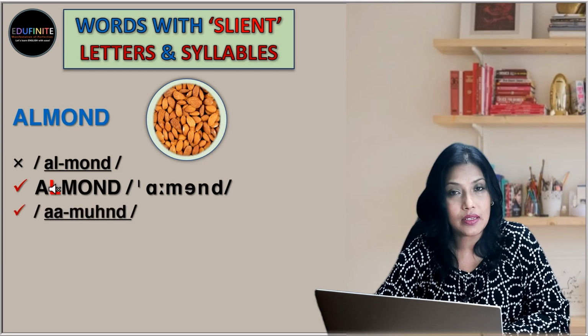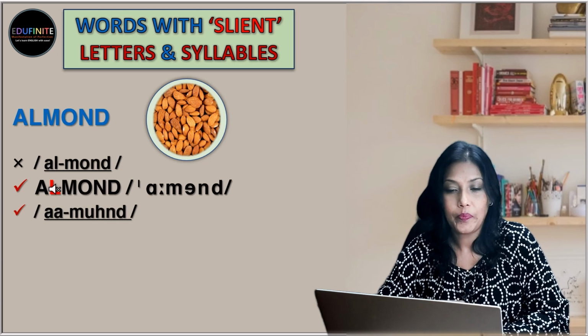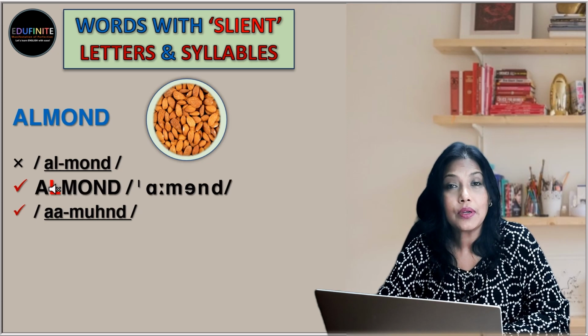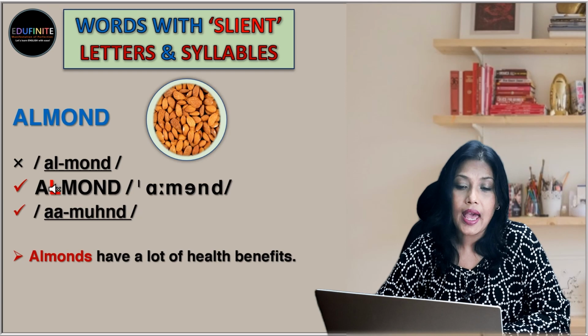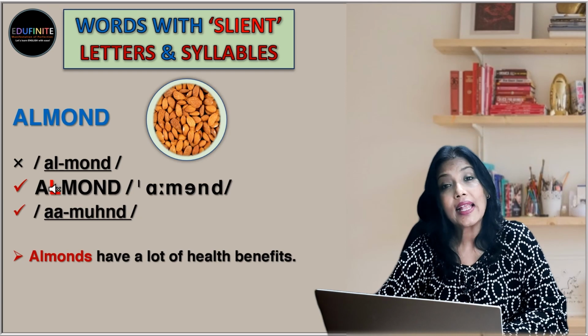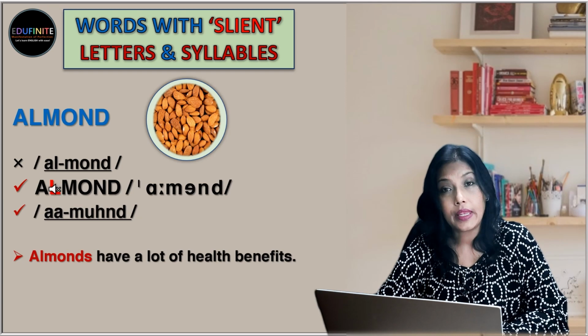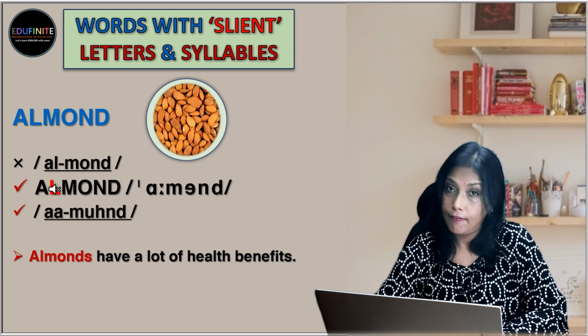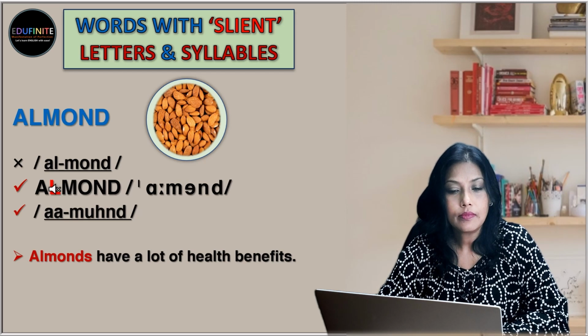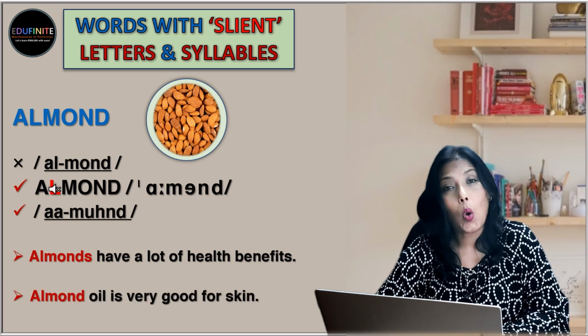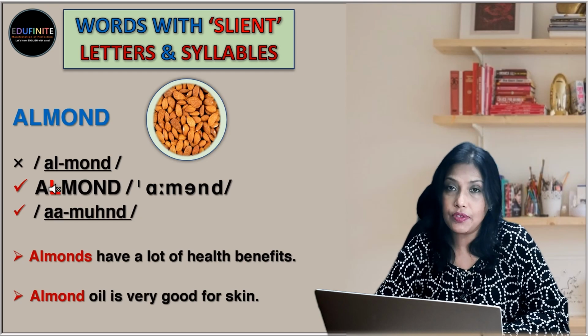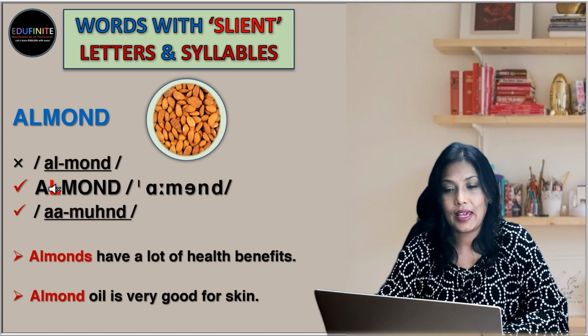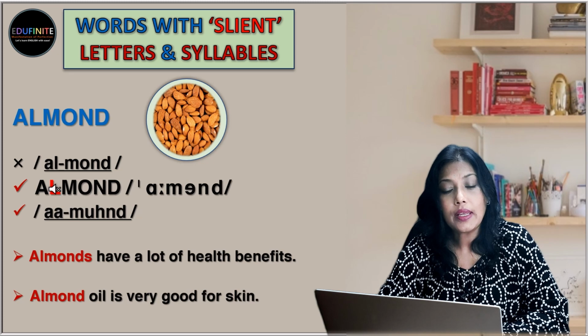It's almond. Okay, now let's look into a sentence. Almonds have a lot of health benefits. Yes, the nuts are really very healthy. Next, almond oil is very good for skin. Okay, now we go into a next word.